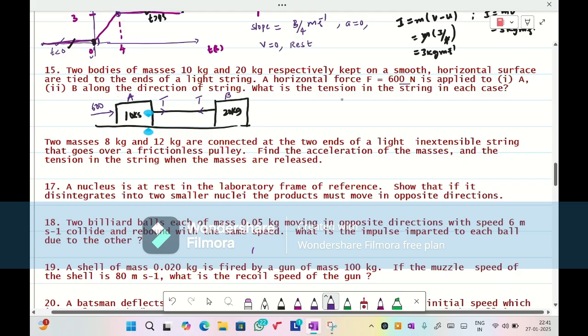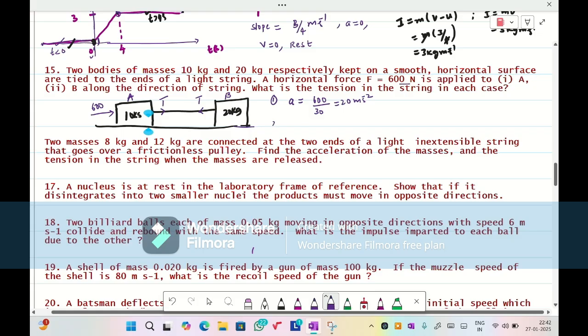What is the tension in the string in each case is being asked. Next, the second case is applying 200. Now in this case, consider the first system: this total is one system, then acceleration is equal to F, 600, by total mass, 30. So that is equal to 20 meter per second squared.